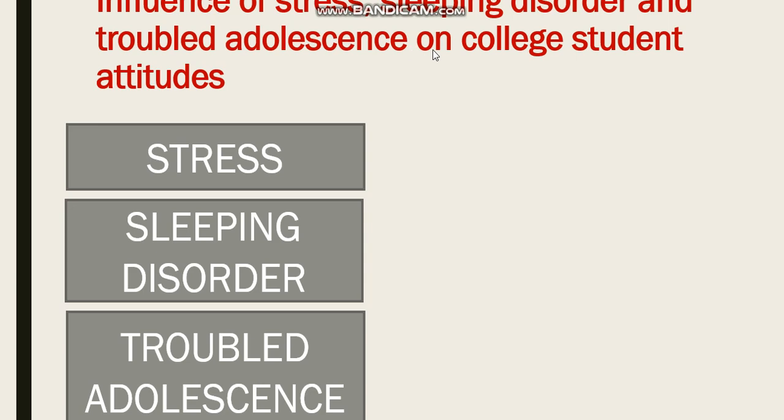Okay, and then the word "on" here is your indicator for the distinction between the IVs and the DVs. So let's see what we see on the right side of the word "on": college student attitudes.